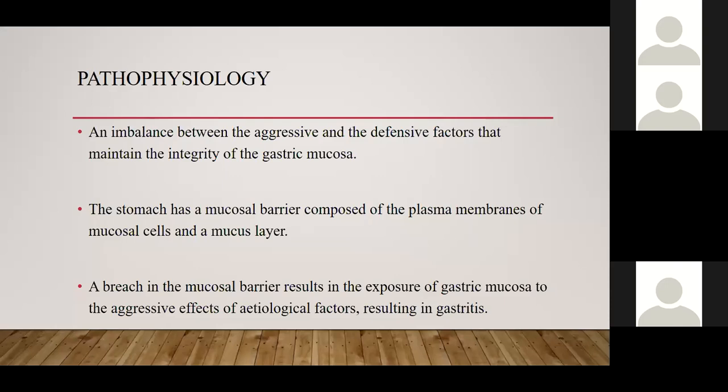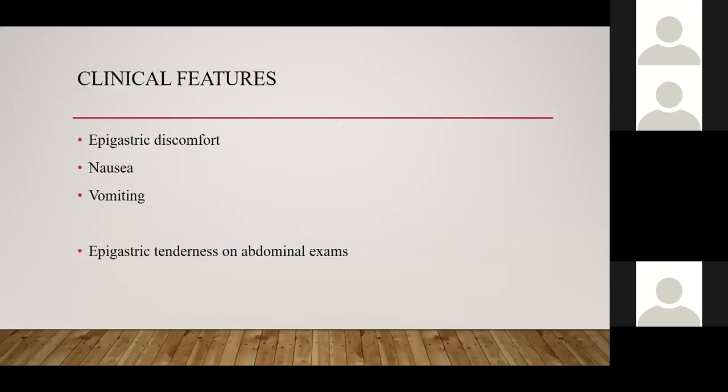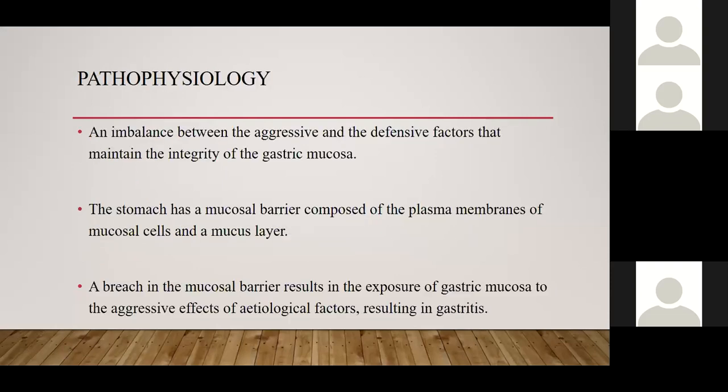The stomach has a mucosal barrier, which is composed of the plasma membranes of mucosal cells and a mucus layer. A breach in the mucosal barrier would result in exposure of the gastric mucosa to the aggressive factors we've talked about. So once you have a breach, that's the exposure.